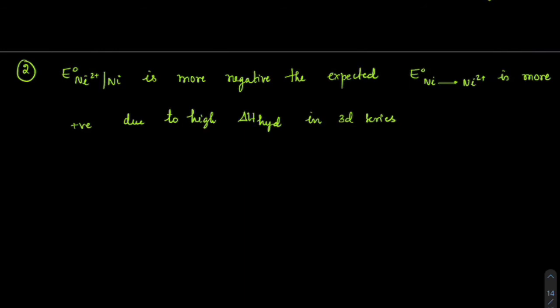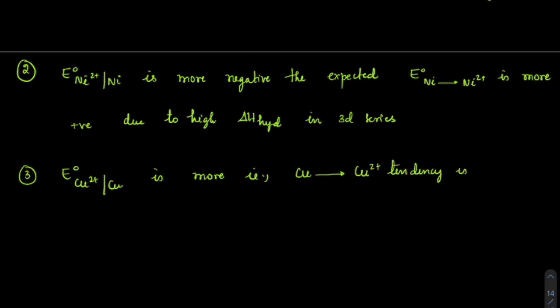Okay. Next, third one, copper is also becoming positive. So we can say that E naught Cu+2 to Cu is more positive, that is, the copper to Cu+2 tendency is less.